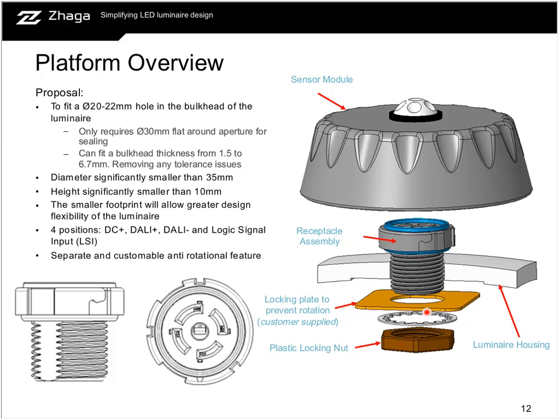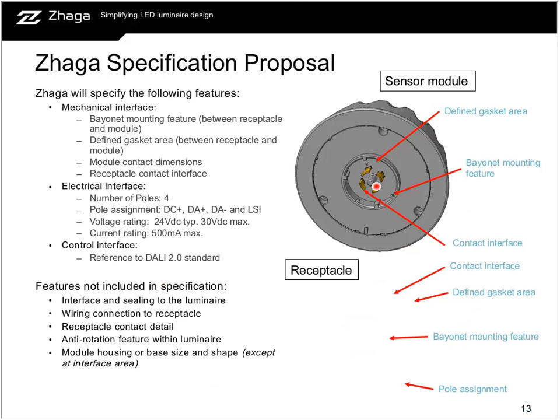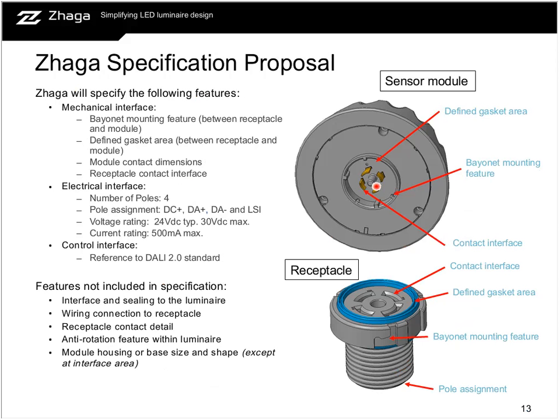As you can see here, we have a separate anti-rotational feature. This is because of the plain hole in the luminaire, but I think that gives greater flexibility to allow these components to be designed in different ways to meet the requirements of the luminaire. So what are we proposing to specify through Zhaga?